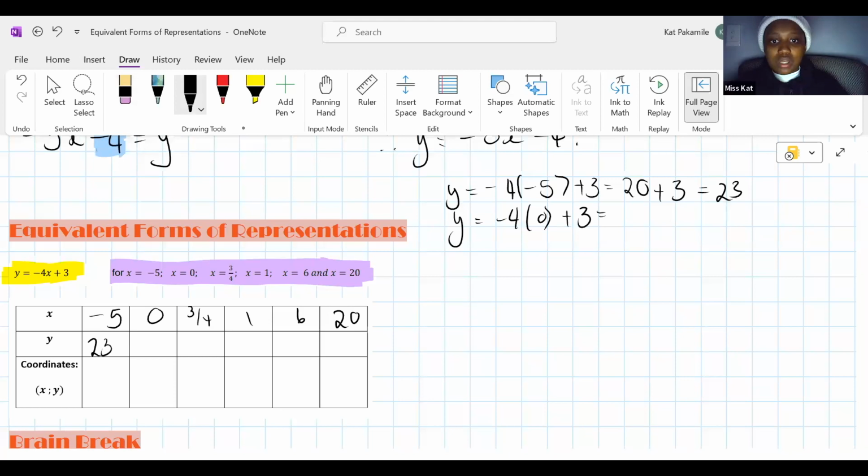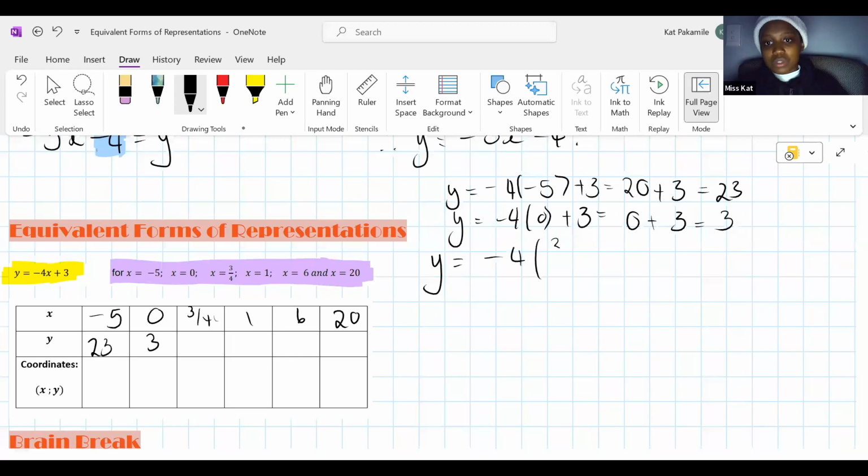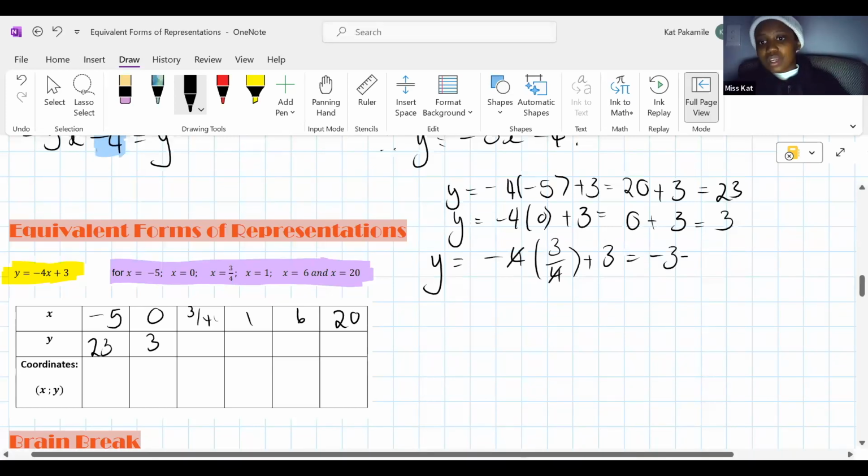Next one, 3/4. y equals -4 times 3/4 plus 3 equals, let's see, 6. Is that correct? No, it's not, because this 4 and this 4 will cancel out. So you're left with -3 plus 3, which is 0. So for 3/4, the answer is 0.